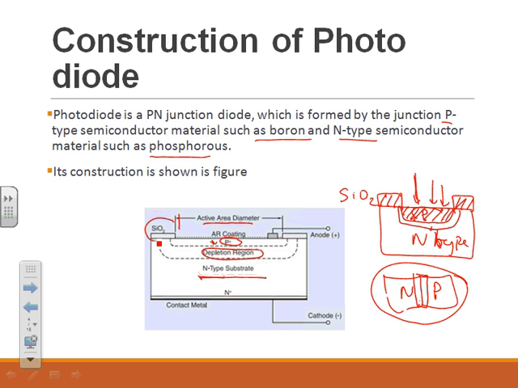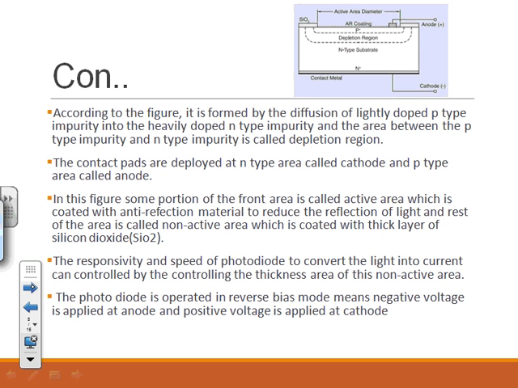So we will see the next slide. As I said earlier, a p-n junction is formed by diffusion of a lightly doped p-type impurity into a heavily doped impurity. Here, the heavily doped material is the n-type substrate.